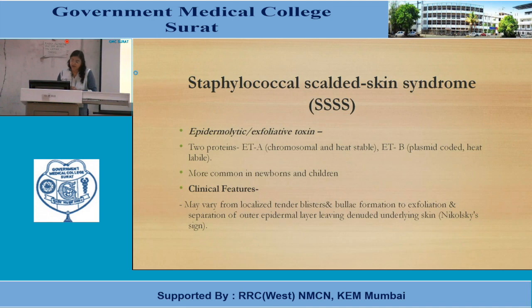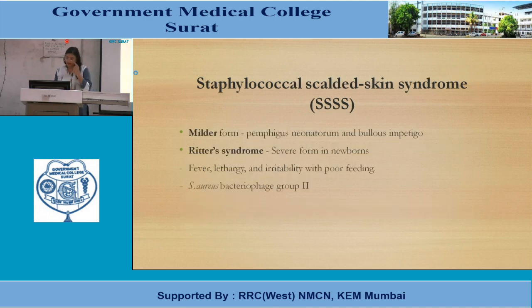ETB is plasmid coded and heat labile. This syndrome is more commonly found in newborns and children. Clinically, it may vary from localized tender blisters and bullae formation to exfoliation and separation of the outer epidermal layer, leaving denuded underlying skin, known as Nikolsky's sign. In milder form, it is seen as pemphigus neonatorum and bullous impetigo.